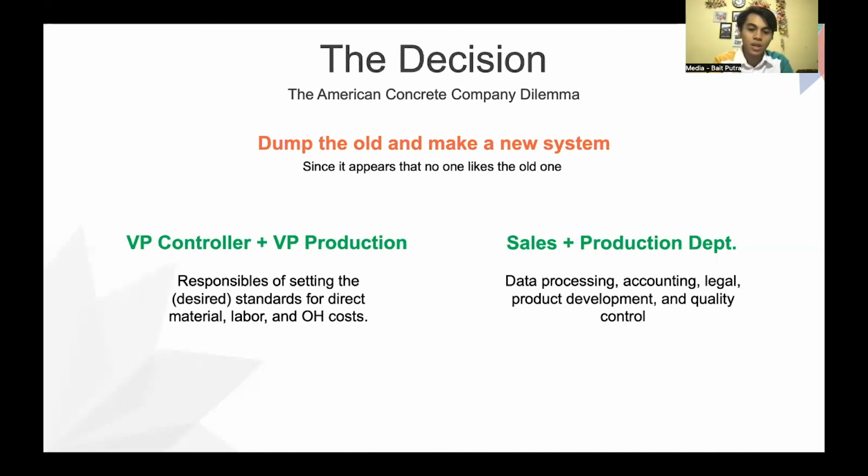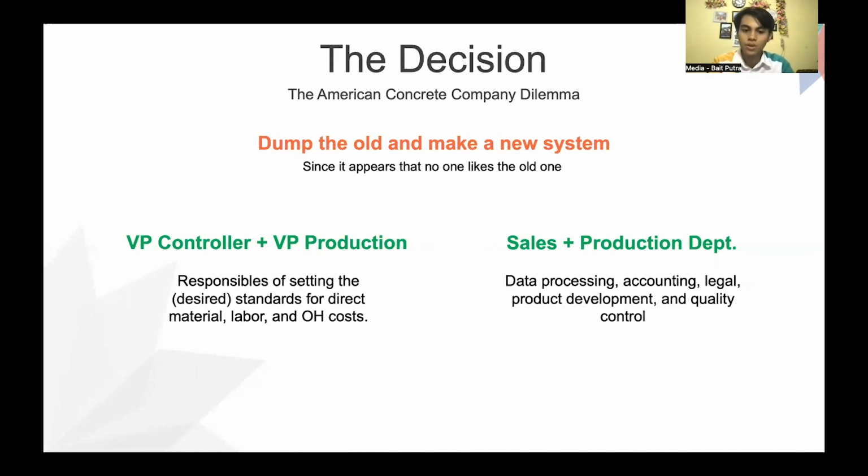So there's an additional job as well. The VP of controllers and production is responsible for setting the desired standards for the direct materials, labor, and overhead costs. It is simply because production was handled by the controllers and the production people themselves. And for the sales and production departments, they control data processing, accounting, legal, production development, and quality control.